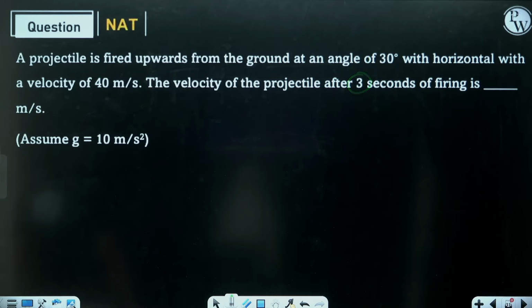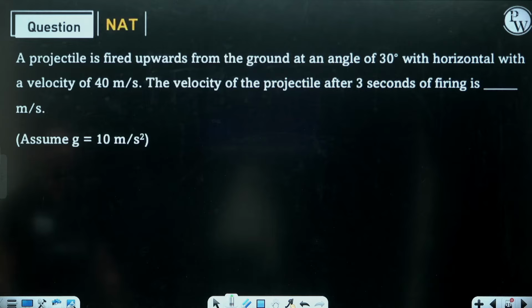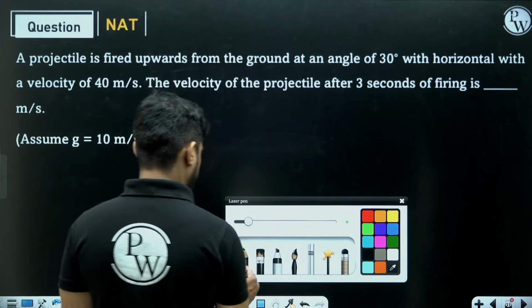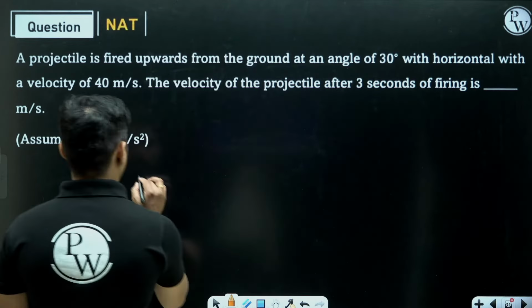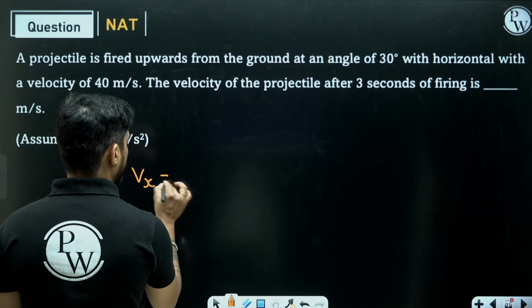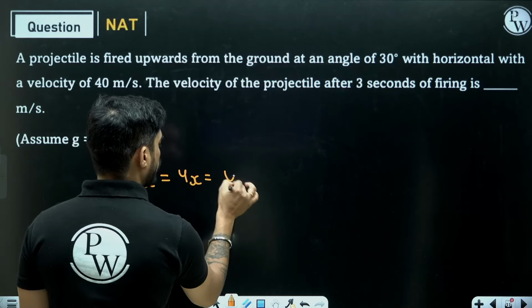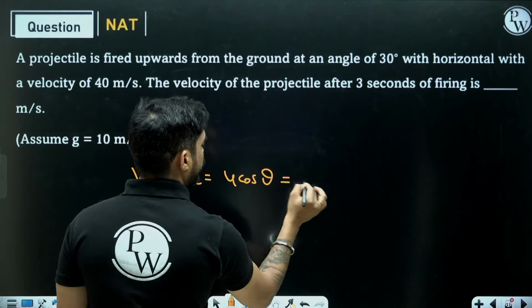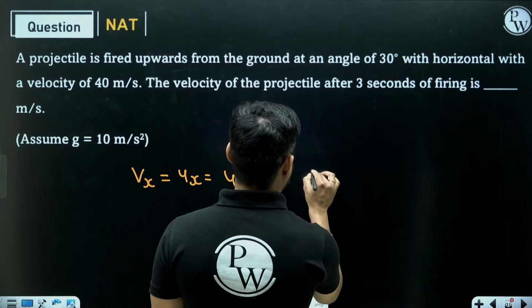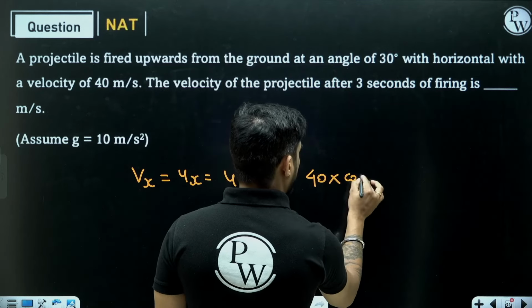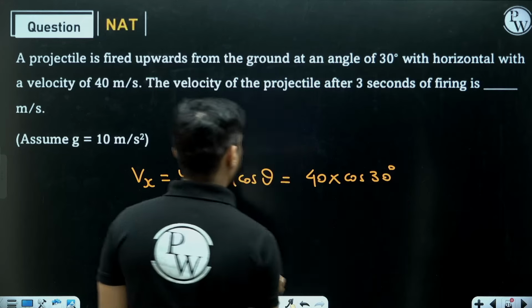Now understand this. Velocity in x direction will remain constant, right? Velocity in x direction will be constant, which will be u cos theta. So u is 40 and theta is 30 degree.